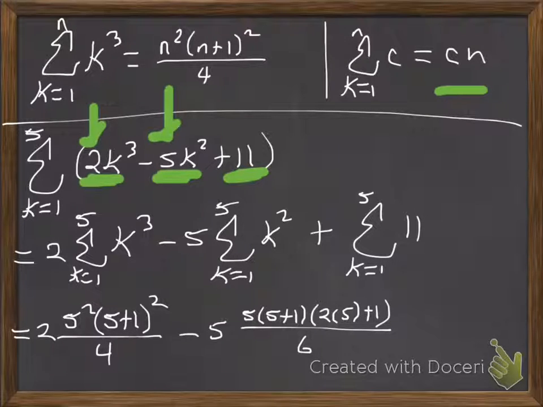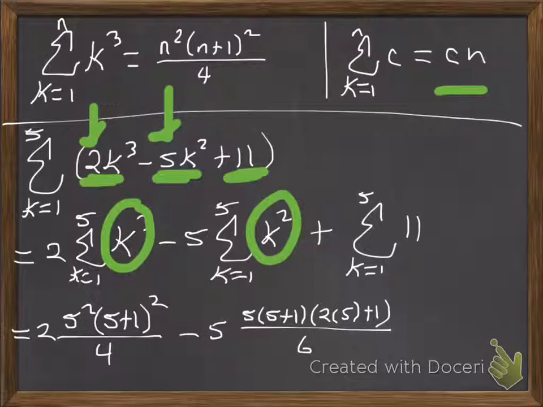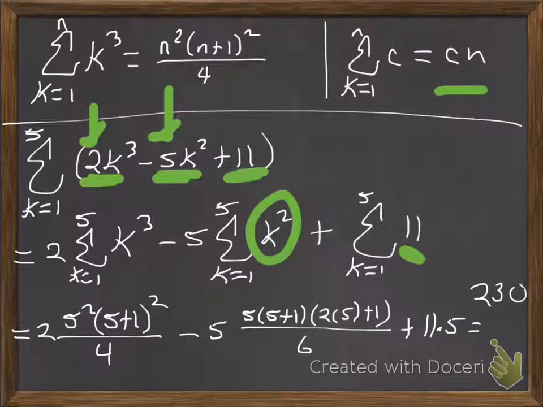Remember, you'll need to know your formulas for k squared, which was on the last example, k cubed, which we have up here on the screen, and then the constant, which will be 11 times 5. The order doesn't matter. When we add that all together, that's going to be 230.